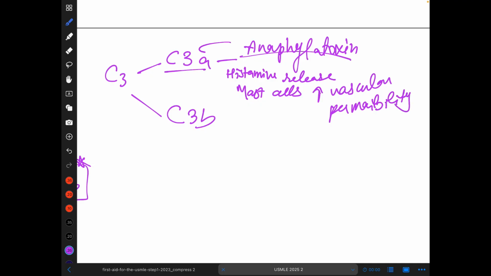It's a function of C3. It also acts in the anaphylaxis reaction, releasing histamine from the mast cells and increasing vascular permeability.